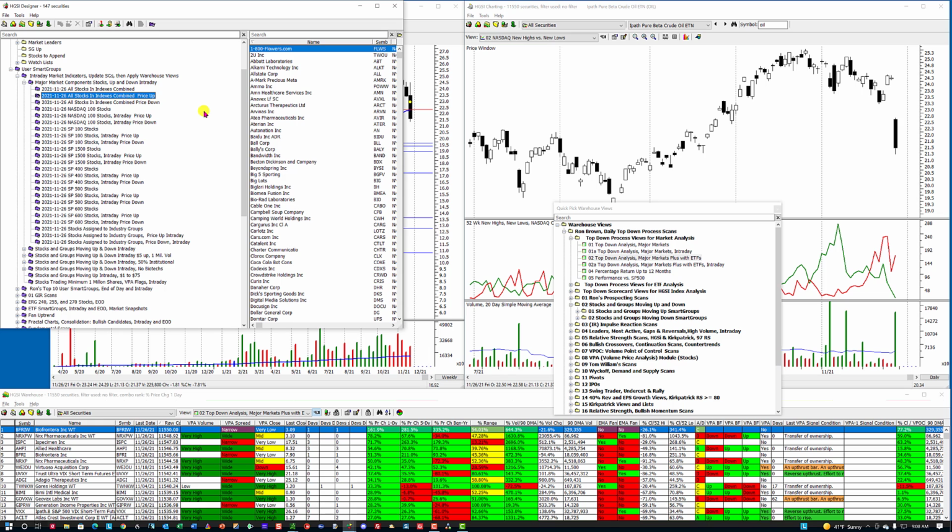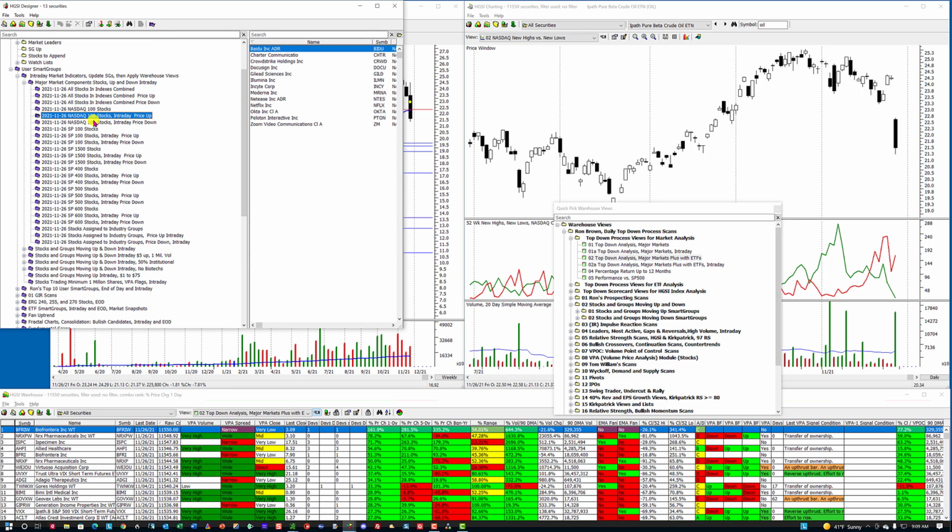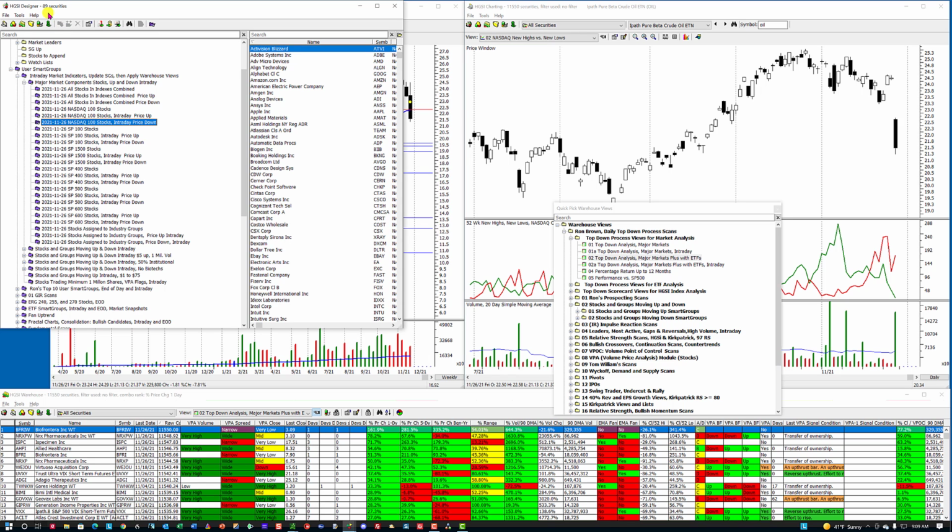I just want to show you that if I'm looking at all stocks and indexes combined, price up, there were 147 and 25.15 down. Now these are the major market index components. I just put them all together, and I did this so I could update this intraday or at the end of day and just get a quick read. On the 100, only 13 were up and 89 were down.